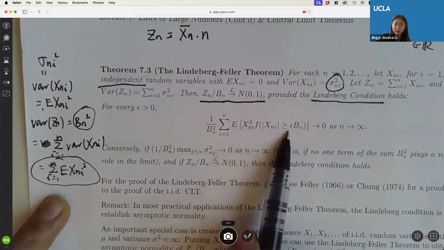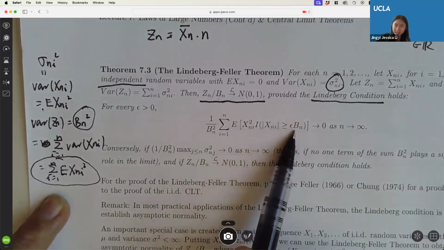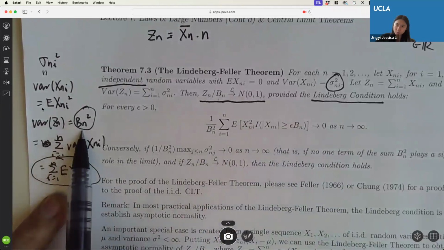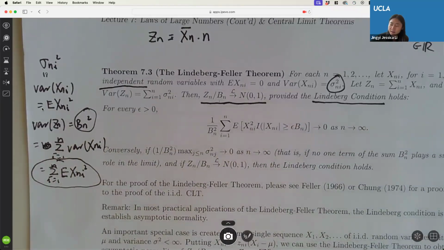And only the large values we keep here. And we're just saying that the contribution by the large values of X_ni is negligible within Bn squared. That's it. So in other words, the X_ni values are not very heavy-tailed. They're not very far away from 0. Essentially, this is the condition.